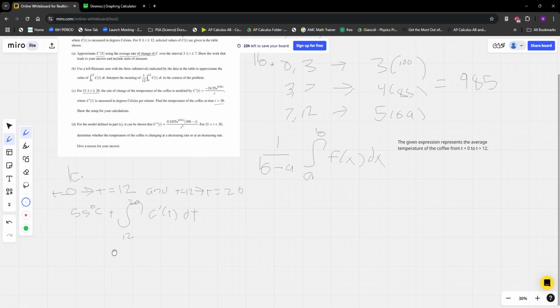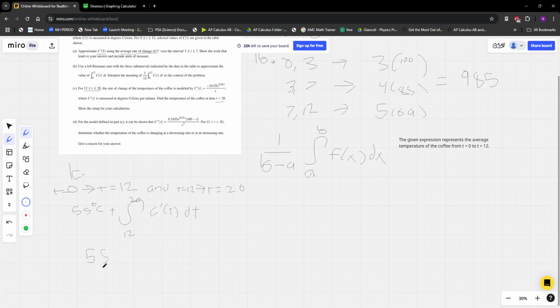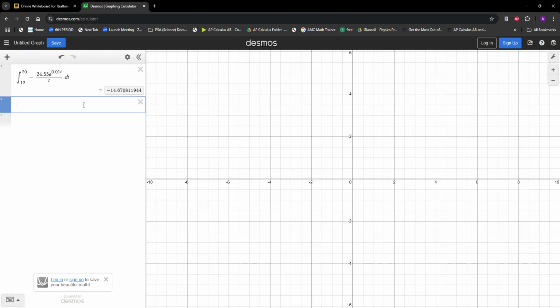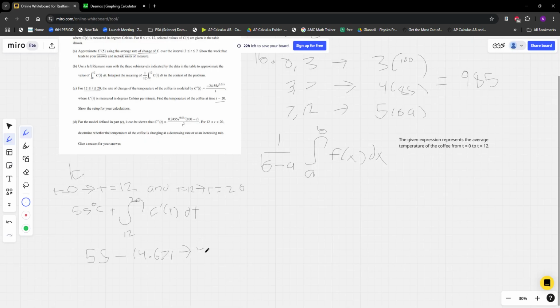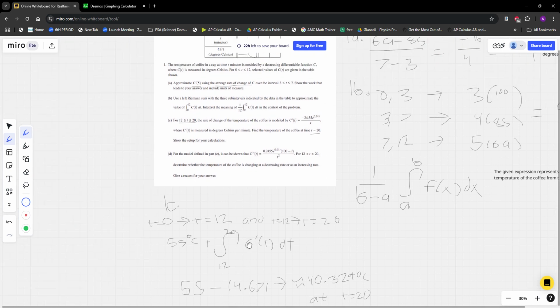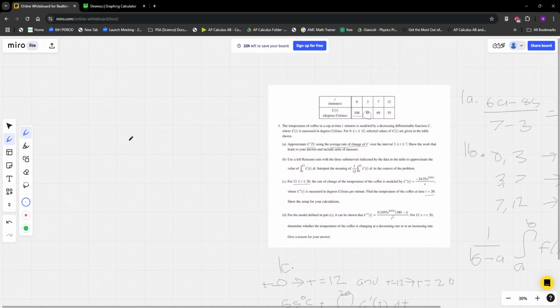So it'd be 55 minus 14.671, which is around 40.329 degrees Celsius at t equals 20. Okay, that's 1C.